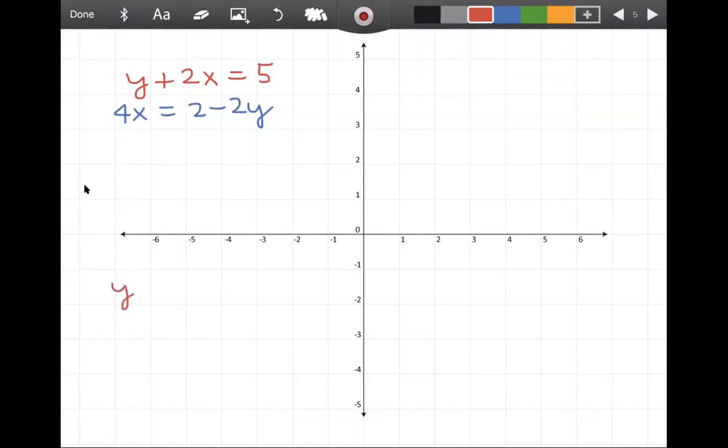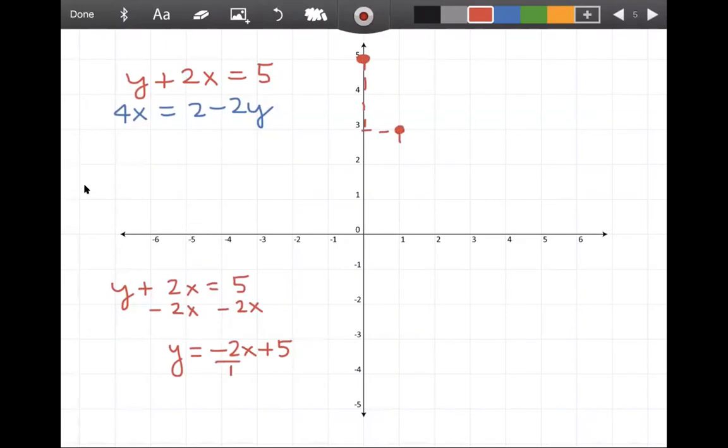So I'm going to take y plus 2x equals 5, and I'm going to write it in slope-intercept form, which will give me y equals -2x plus 5. That has a y-intercept at 0, 5, and a slope of -2/1. So I will rise -2 and run 1.